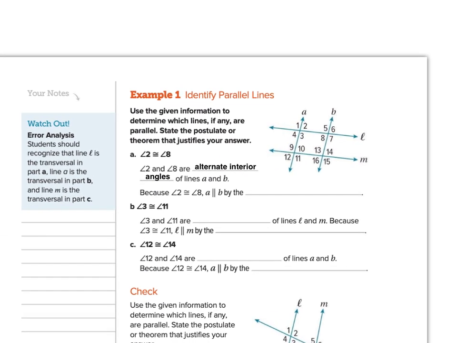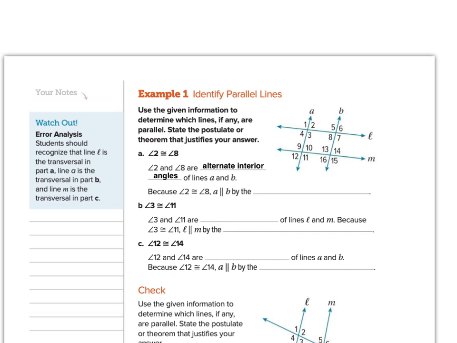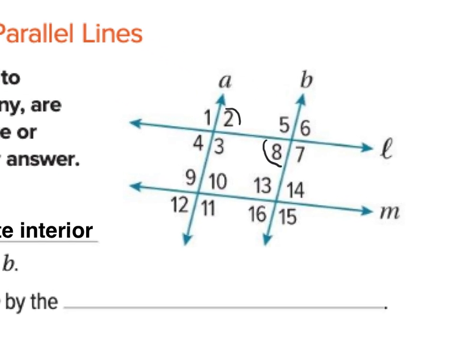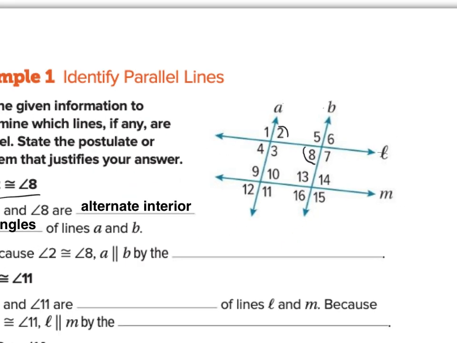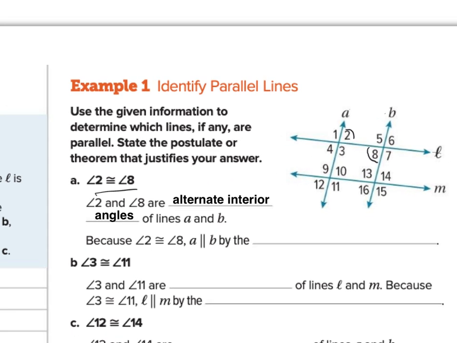So here it says, given the information, determine which lines, if any, are parallel. State the postulate or theorem that justifies your answer. Okay. Again, if angle 2 and angle 8 are congruent, they are alternate interior angles, interior in between A and B, and they are alternating on line M. So that would be the alternate interior angles.